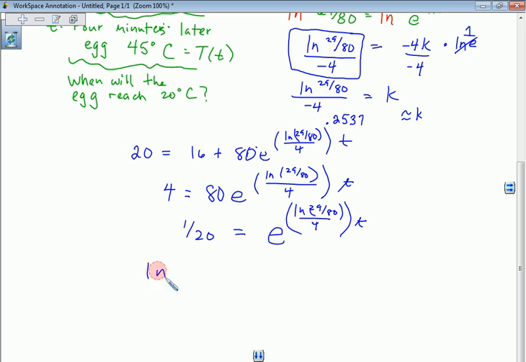Natural log. So when I take the natural log here, I'm going to get the natural log of e to the ln of 29/80 over 4 times t. Well, this can come out in front, can't it? I can use that property to pull this out. It comes out in front. And then what is the natural log of e? 1.